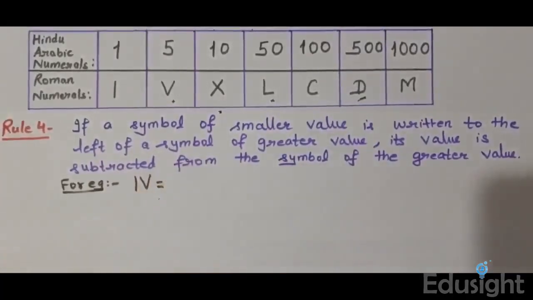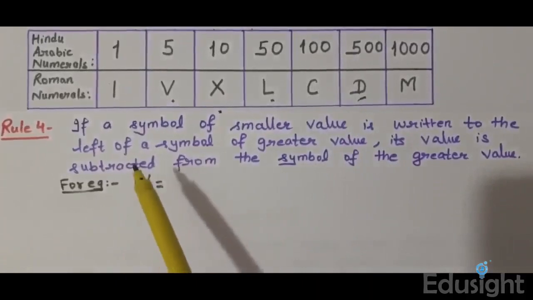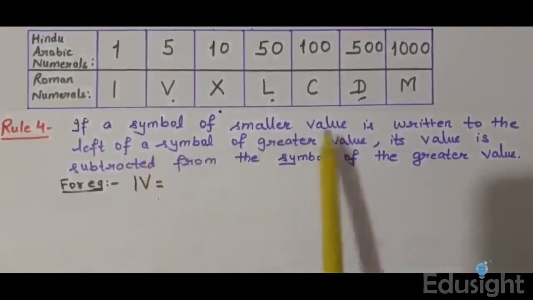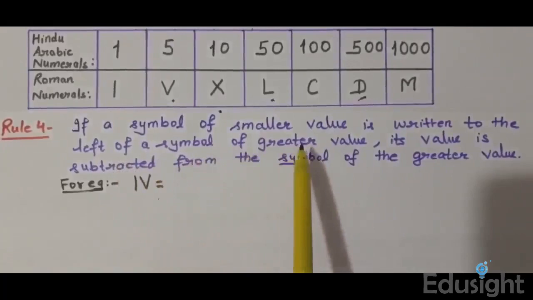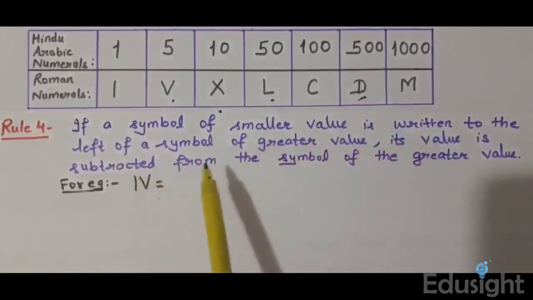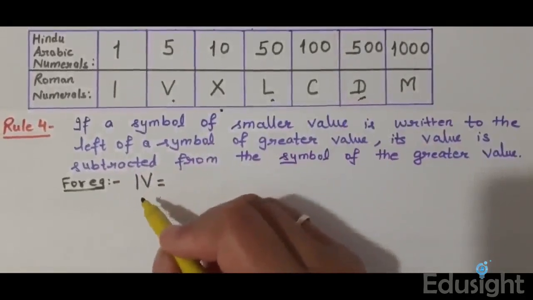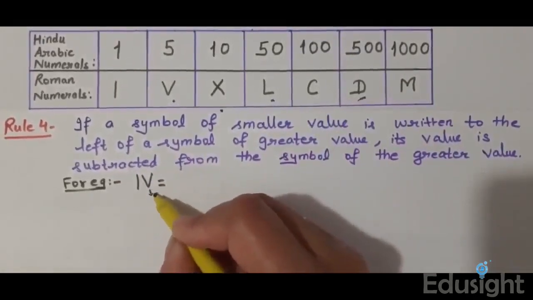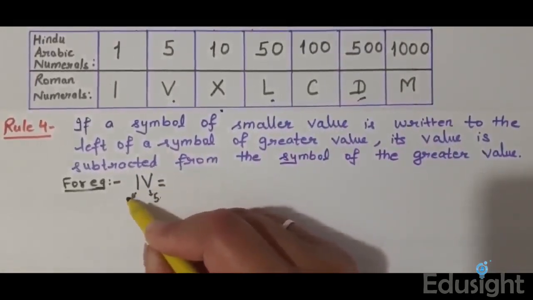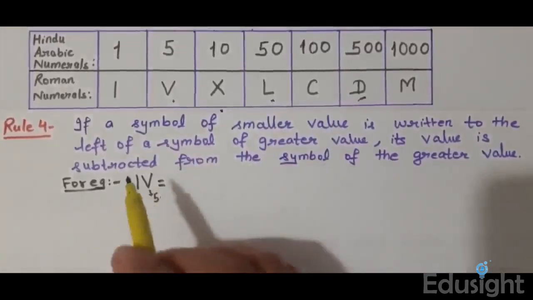Take an example here, IV. What is written here in the first part? Read the first part first. If a symbol of smaller value is written to the left of a symbol of greater value. See, the greater value is for V, right?